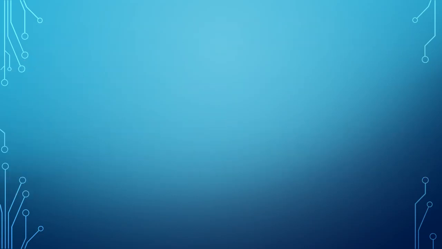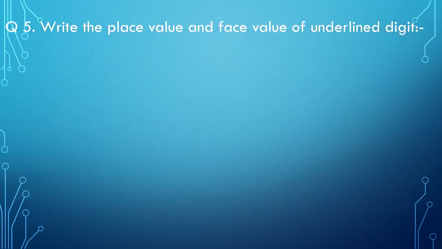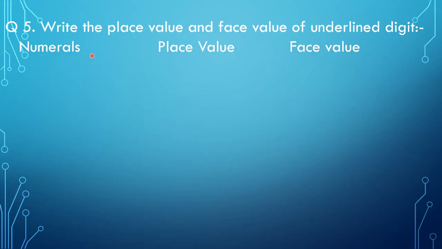Okay, now in question number 5 it is given, write the place value and face value of underlined digits. So here, beta, numerals, then place value and face value. So here in A part it is given 723. Here you can see underlined digit is 2.